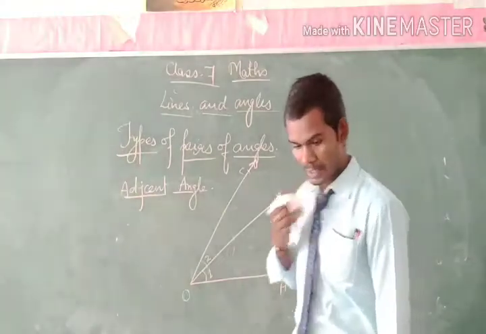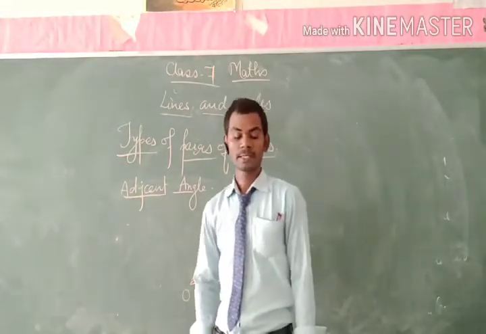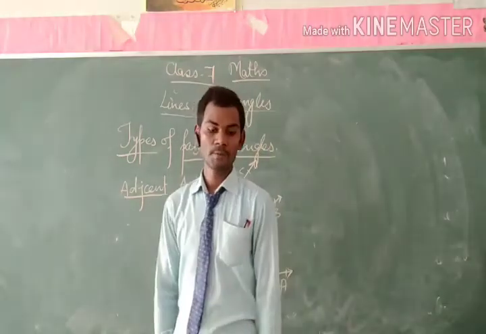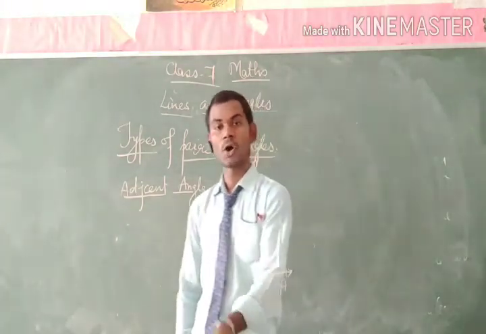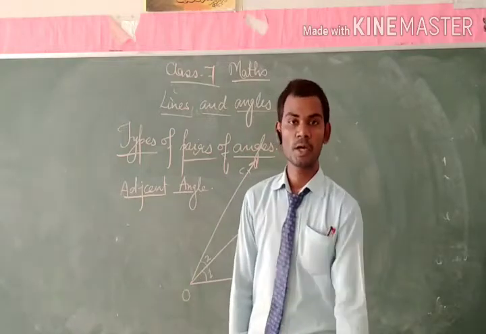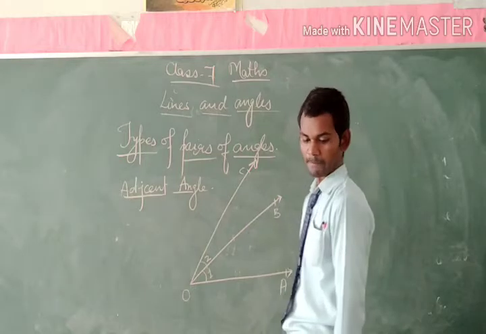So we define adjacent angles as two angles which have a common side and a common vertex, with their other arms on opposite sides of the common side.